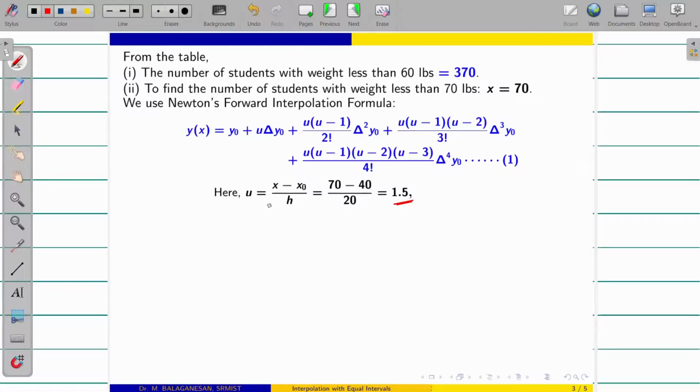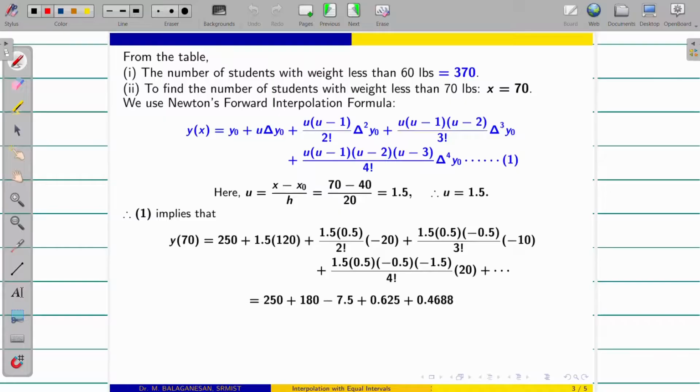Use that value, use all the values. You can substitute here, and y naught, del square y naught, everything you can take from the difference table. Substitute it now and solve step by step.